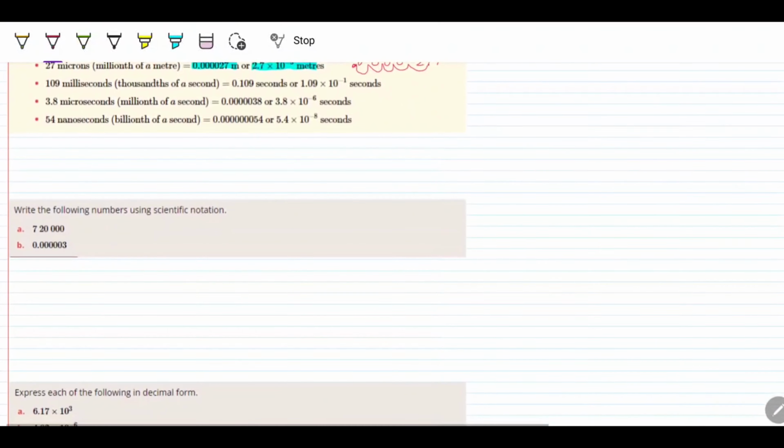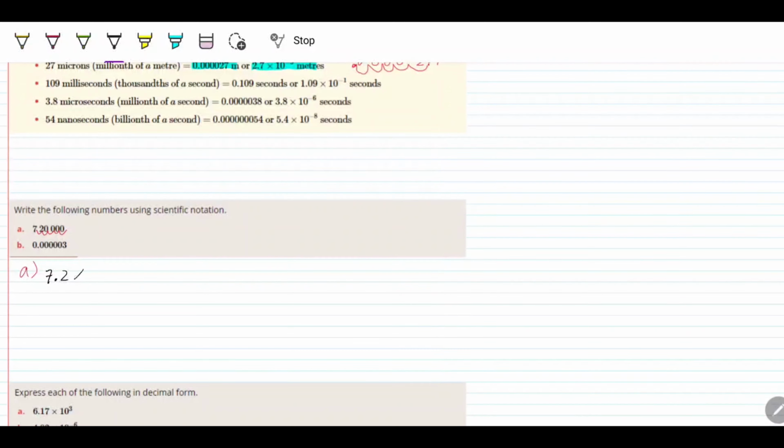Let's try some examples ourselves. Write the following numbers using scientific notation. The first one, A, is 720000. We want to put the decimal point straight after the 7, so it goes 7.2. Ask yourselves, how many times do we go across? If I grab a pen, we go across 1, 2, 3, 4, 5 times.